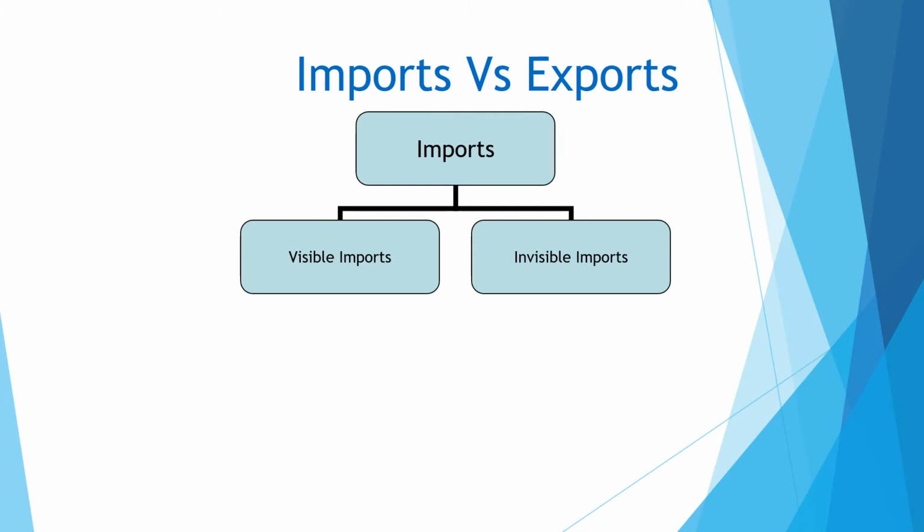Visible is obviously something that can be seen with the eyes or touched with hands. Invisible imports is service. That's an intangible good. So we're going to use the word tangible and intangible. Visible imports are tangible or touchable goods, and invisible imports would be services.